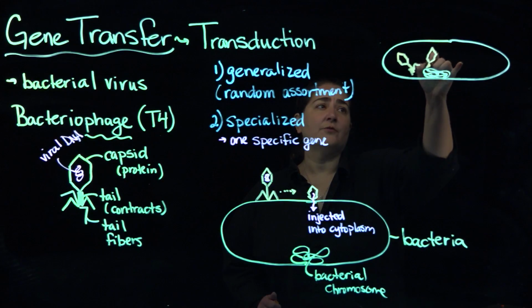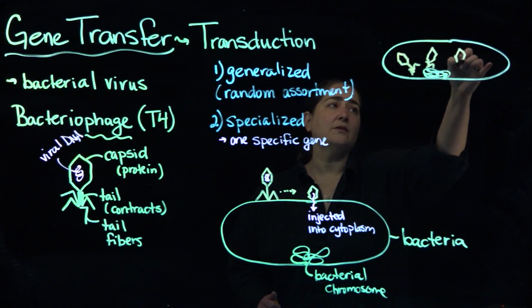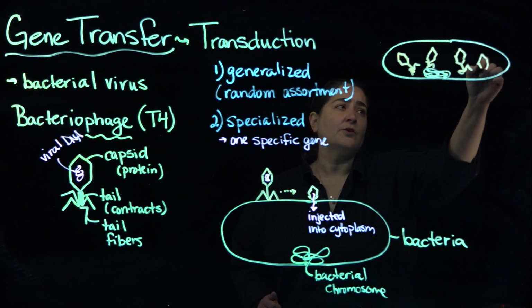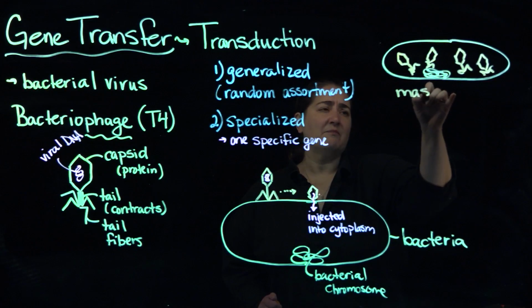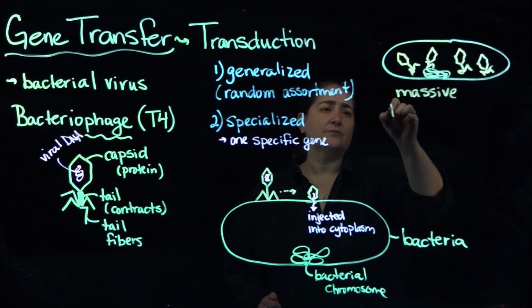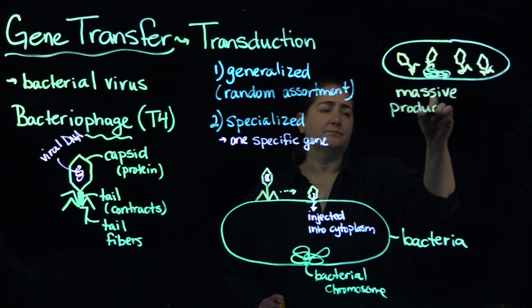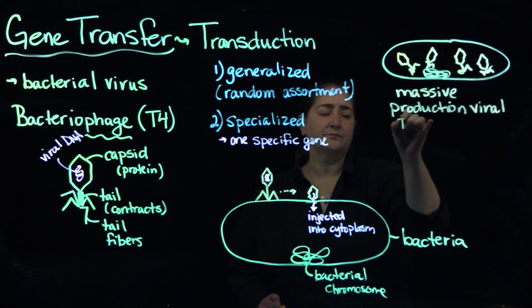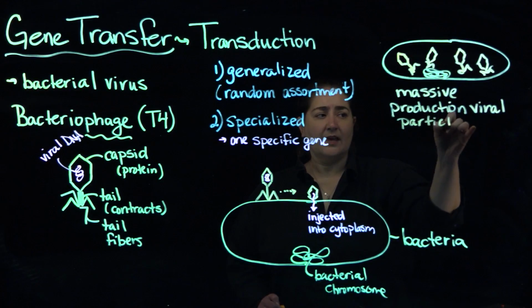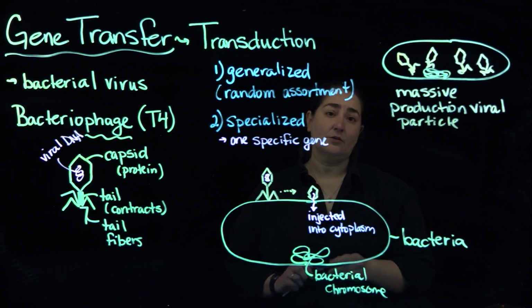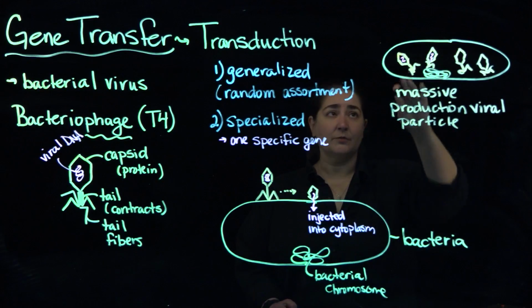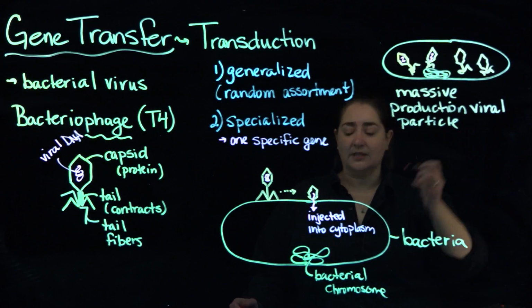I'm only going to draw a few in here, but essentially the bacteria becomes filled with viral particles. So you're going to get massive production of viral particles. And inside those capsids will be viral DNA. I'm going to draw two of them here with just the pink representing the viral DNA.